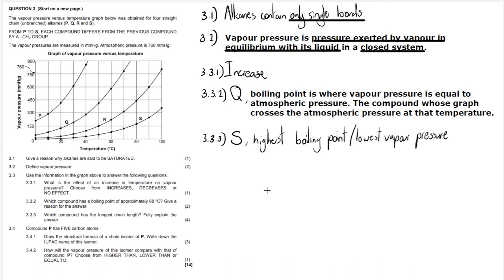Okay, and now we know that this has got the strongest intermolecular forces. Intermolecular forces, just going to shorten that for us. And then the highest energy needed. Therefore, longest chain length.